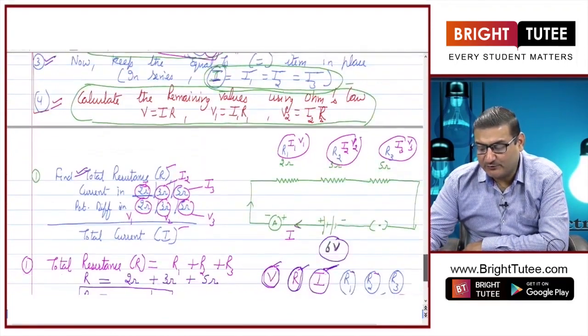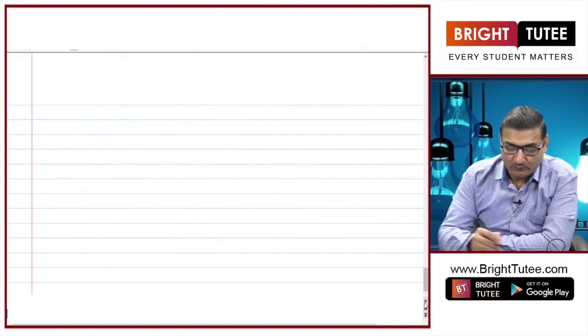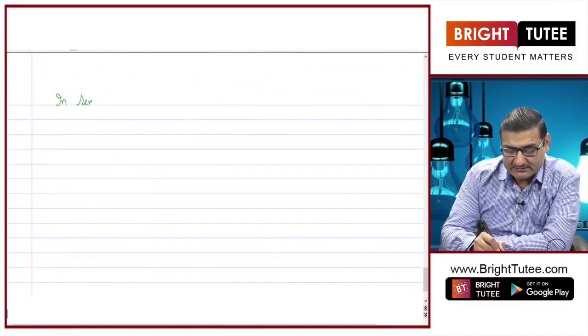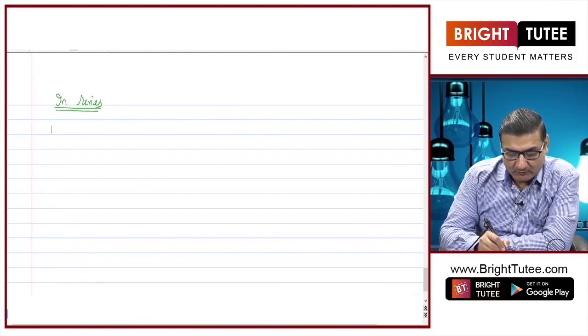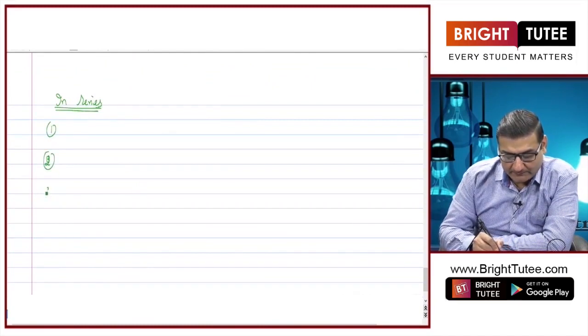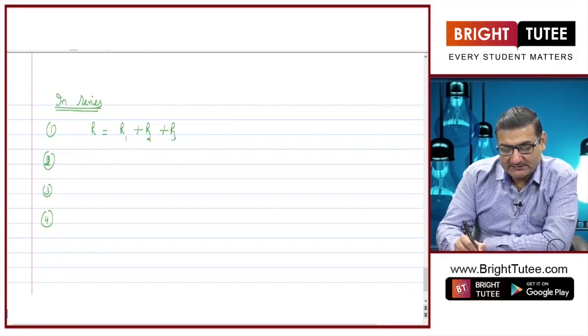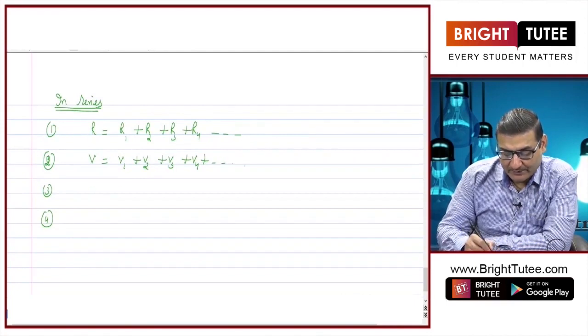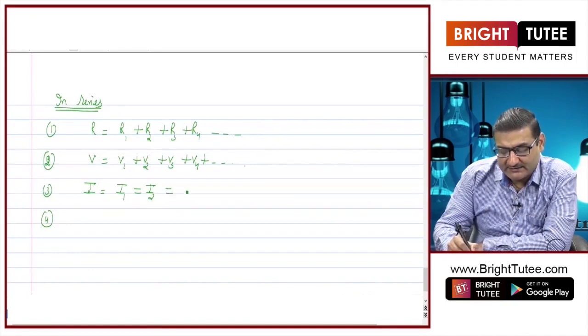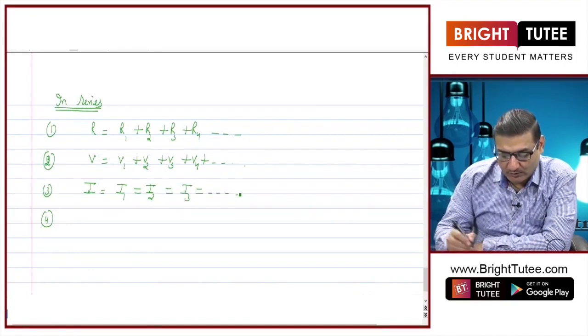So students, if you have observed this, you will relate that all the numericals are being done with only these 4 things in mind. 1, in series R is equal to R1 plus R2 plus R3 plus R4 and so on. V is equal to V1 plus V2 plus V3 plus V4 and so on. I is equal to I1 is equal to I2 is equal to I3 and so on.